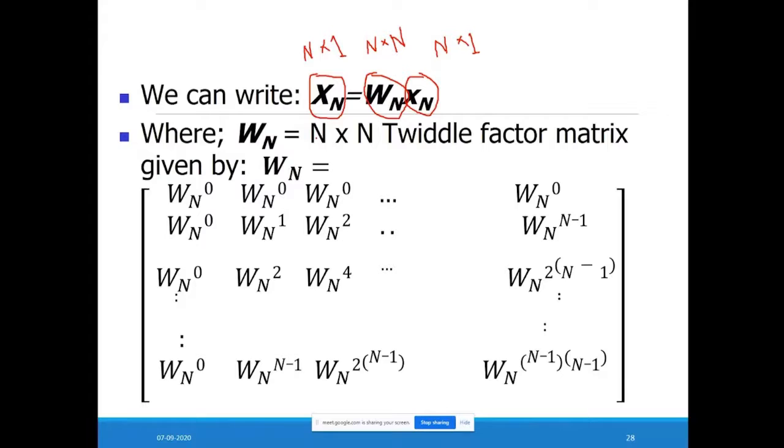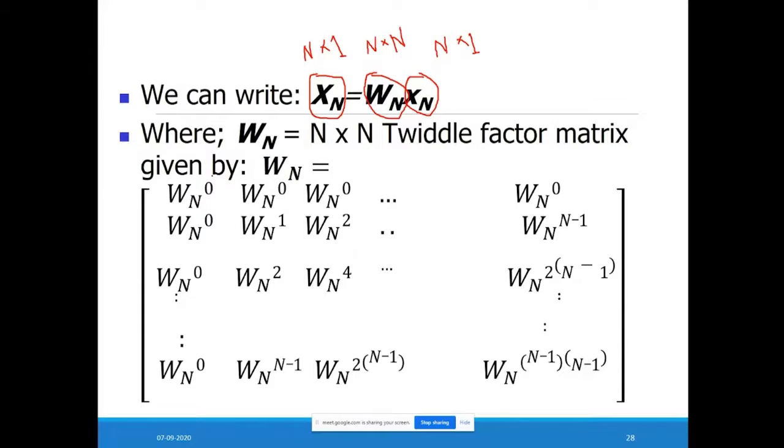So here Wn is the n cross n twiddle factor matrix. In the first row, all columns have the same value, omega n raised to 0. In the second row, the first column is omega n 0, then omega n 1, omega n 2, up to omega n raised to n minus 1.